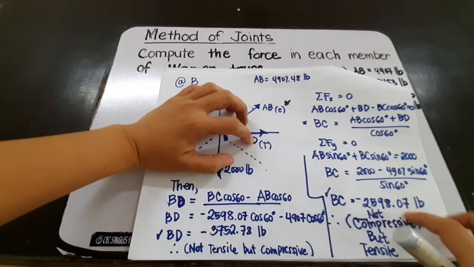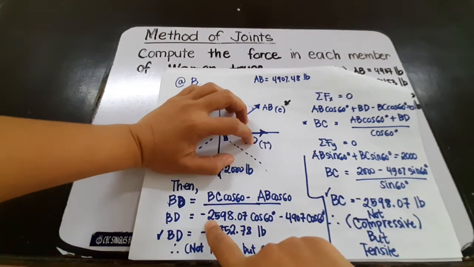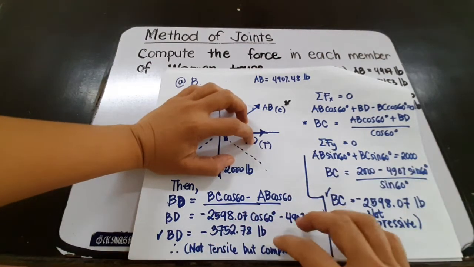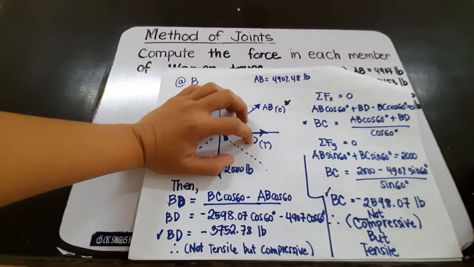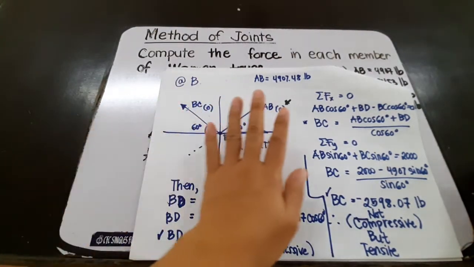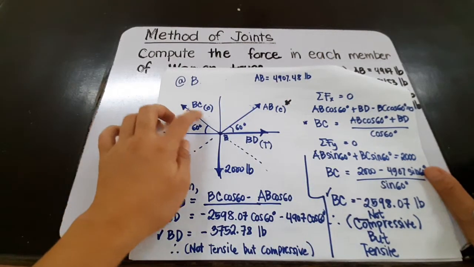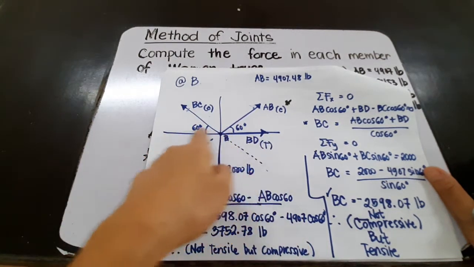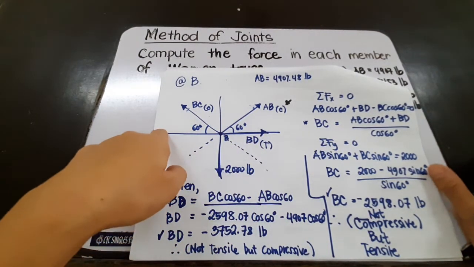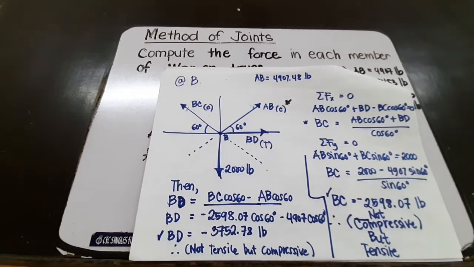So since we have a negative value here, we use a negative value in substituting BC into the second equation. If ever we are going to change this free body diagram, say we have BC being here and BD being there, then we can use a positive value, but we stick to that.